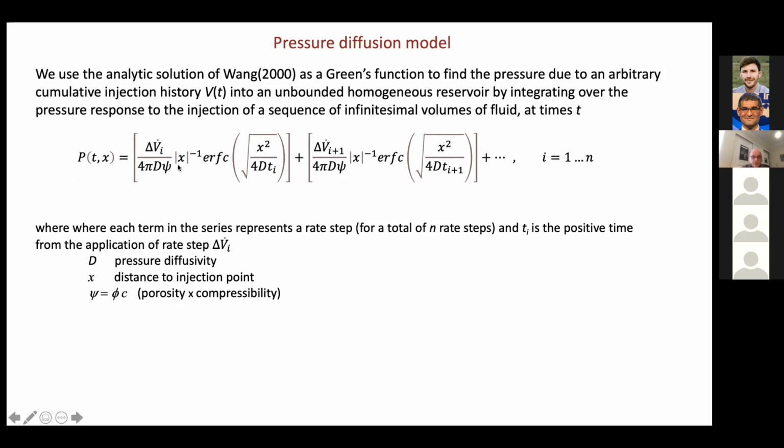The other terms in the equation are D, the pressure diffusivity, X, the distance from the injection point to the observation point, and psi, the product of the porosity and compressibility of the media. This assumes a homogeneous media, infinite in extent.